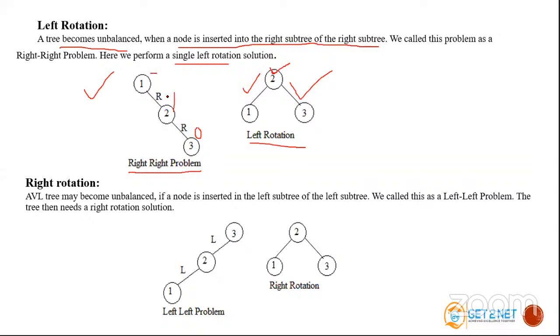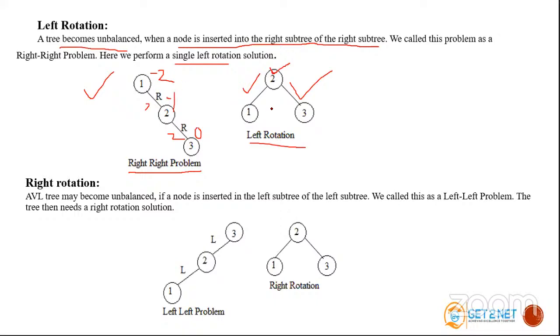Minus 2, right? 1 is my minus 2, because there is no left subtree, that means 0 minus height 2, obviously 0 minus 2 is minus 2. So here my tree is not balanced because minus 2 is not a balance factor. We have read before that the balance factors are 3, that is 0, minus 1 and 1, and minus 2 is not a balance factor.